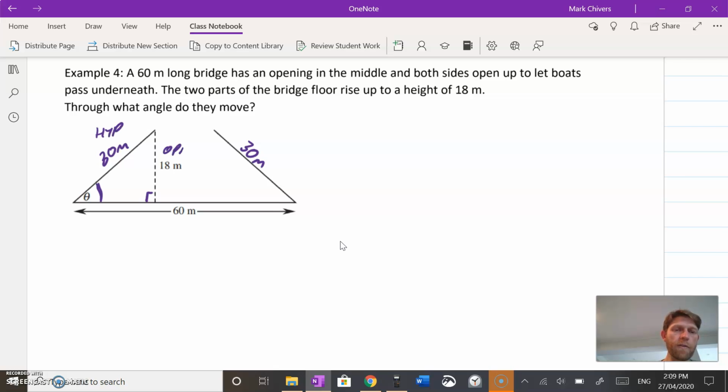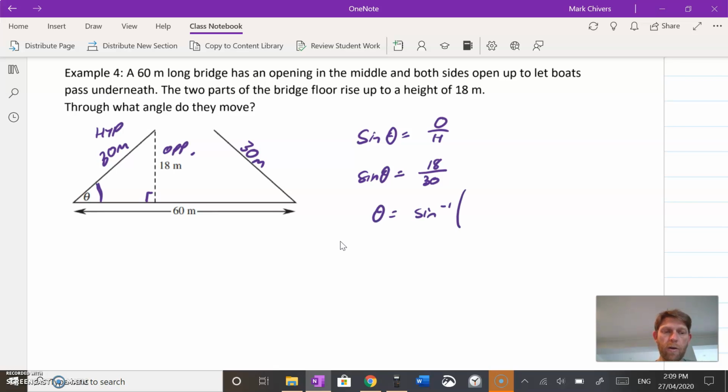I've got an opposite over here. So that means I'm going to be using sine. Sine theta equals the opposite over the hypotenuse. Once again, I don't know the angle, so I'll leave that alone, but the opposite side is 18 metres and the hypotenuse is 30. So theta is going to equal sine to the minus 1 of 18 on 30.